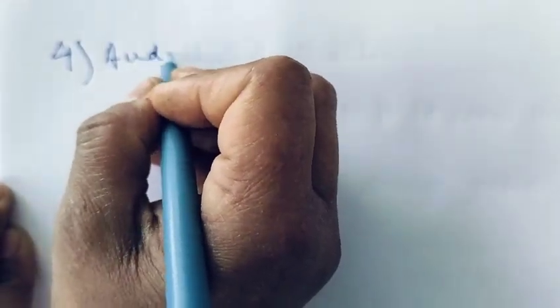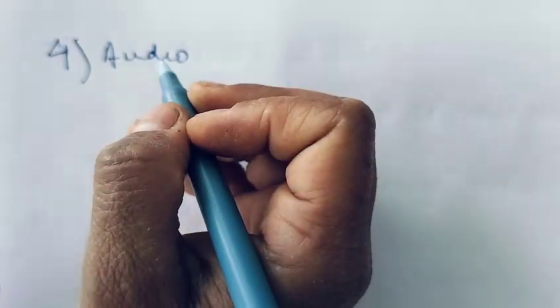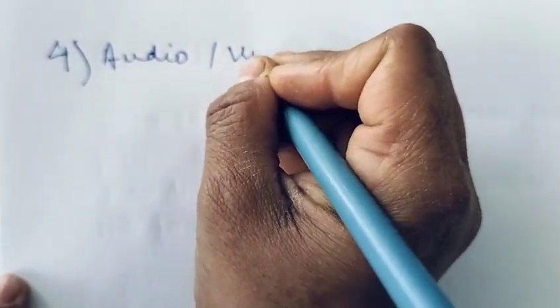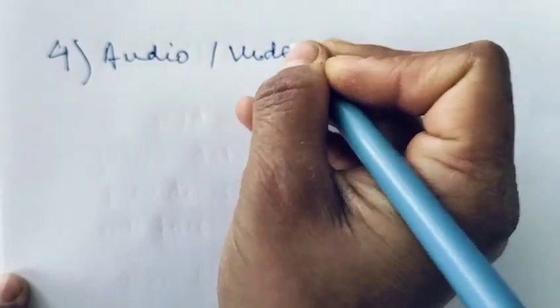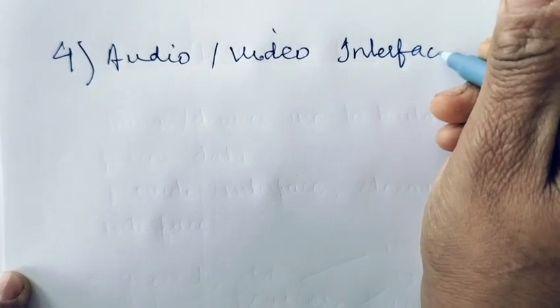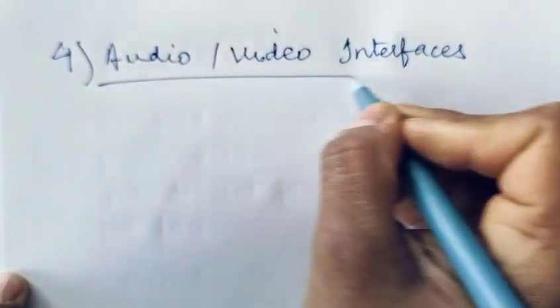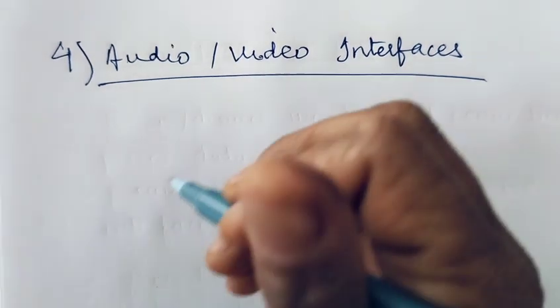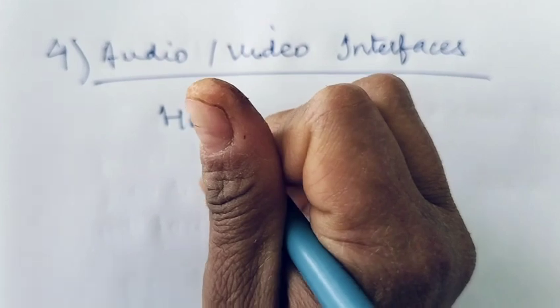Then another important component after the processors is your audio and video interfaces. What are these audio video interfaces? Basically, it is an interface like the HDMI.